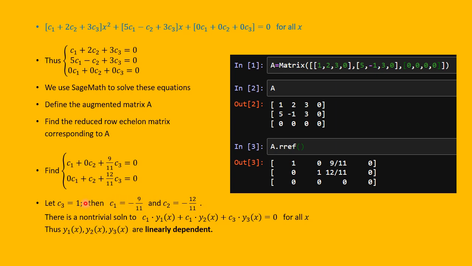So here I have three values, c1, c2, c3, and they're not all 0. So that tells me that there is a non-trivial solution to this equation. I can let C1, C2, and C3 be the values that we found up here. So that tells us that y1, y2, and y3 are linearly dependent.